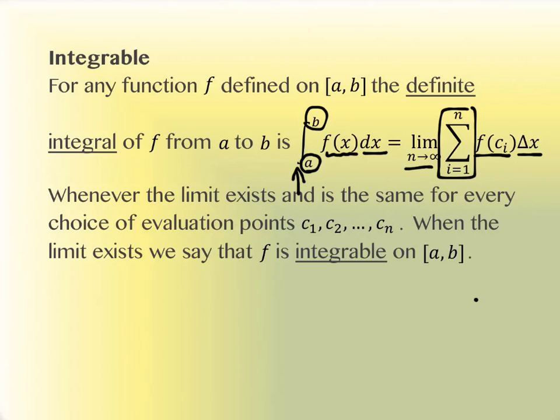But that is the limit. I should say the limit of those rectangles is the integral, that is the actual area under the curve from a to b. And it works no matter what the values are of c1 up to cn, as n goes to infinity. When the limit exists, we say that f is integrable on [a, b].